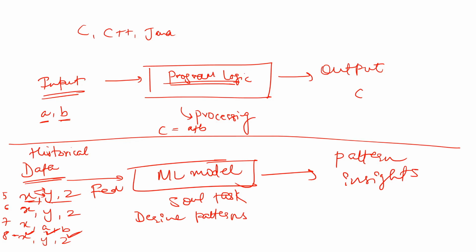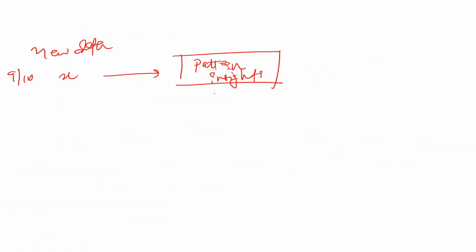Though there are different items as well, like product A and product B, there is a high probability of product Y and product Z being bought alongside product X. I hope it makes sense. Based on this pattern insight, we are now going to give a suggestion, or prediction.